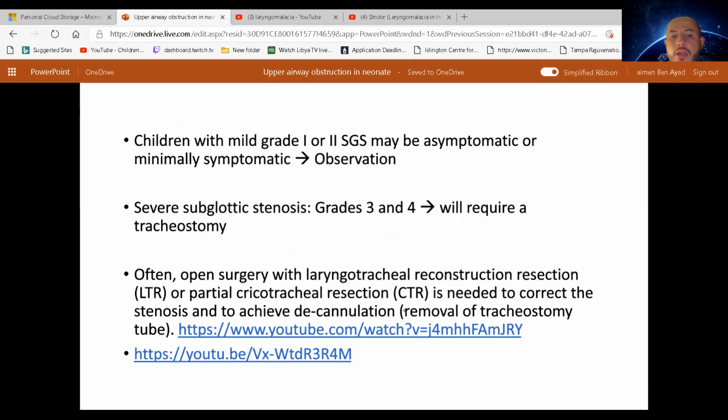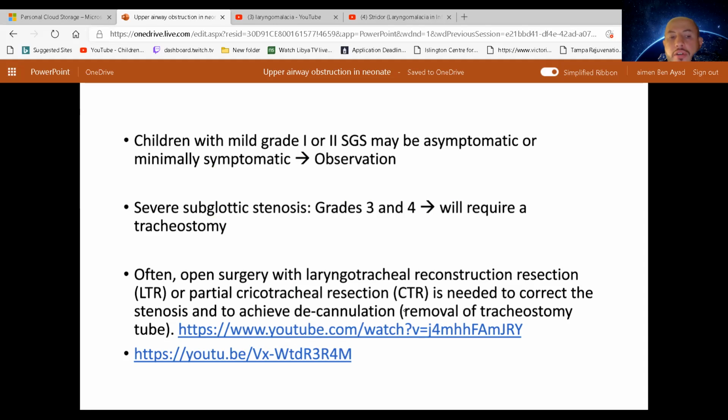The management is close to being similar to the others. If mild, especially grade 1 or grade 2 or asymptomatic, then observe, mainly with respiratory supportive therapy. For grade 3 to 4, usually tracheostomy is required.